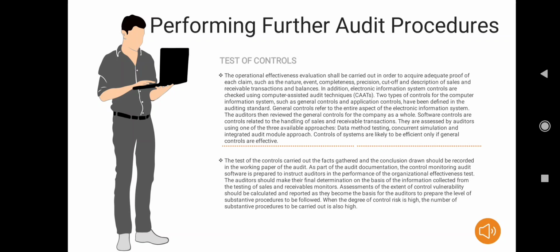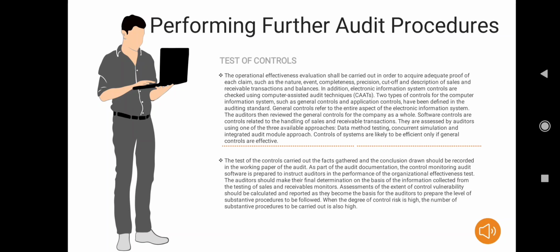Next, the facts gathered from the test of controls and the conclusion drawn should be recorded in the working paper of the audit. As part of the audit documentation, the control monitoring audit program is prepared to instruct auditors in the performance of the operational effectiveness test. The auditors shall make their final determination on the basis of information collected from the testing of sales and receivables controls.